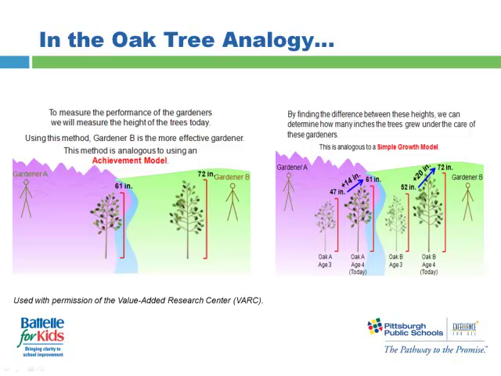Since Gardener B's trees were taller, we determined from achievement measures that Gardener B was the more effective gardener. Then we moved to the concept of simple growth, measuring the gain of the trees over a 1-year growth period. Since Gardener B's tree gained more height, our measures still infer that Gardener B is the more effective gardener.